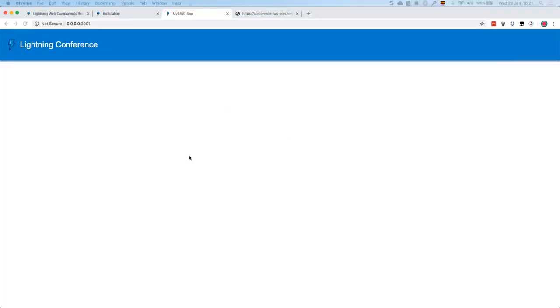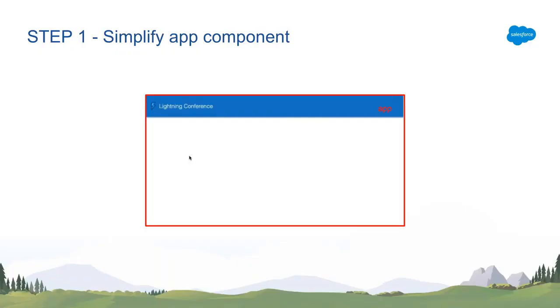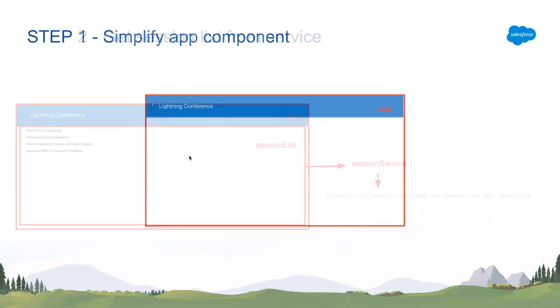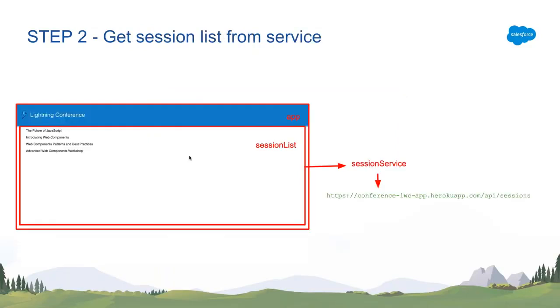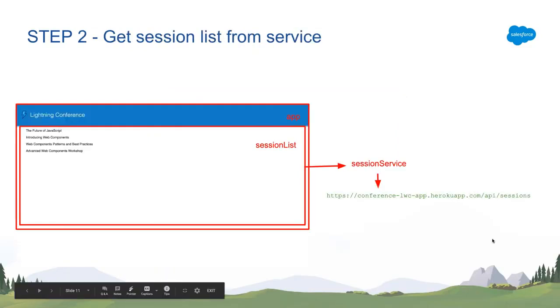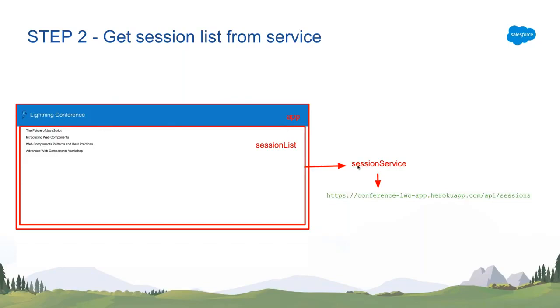So the next step that we're going to do is to get the session list from the API endpoint that we have already up and running. So for that, we're going to create two components. The first component is going to be just a service component.